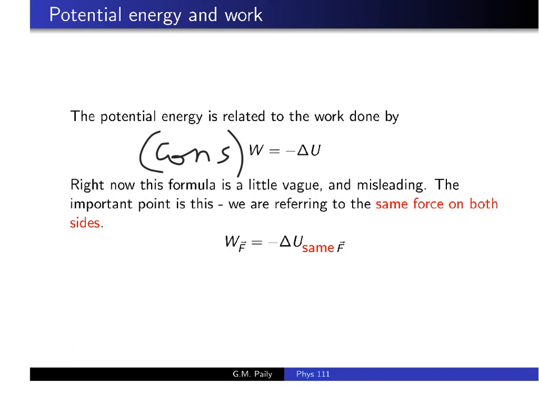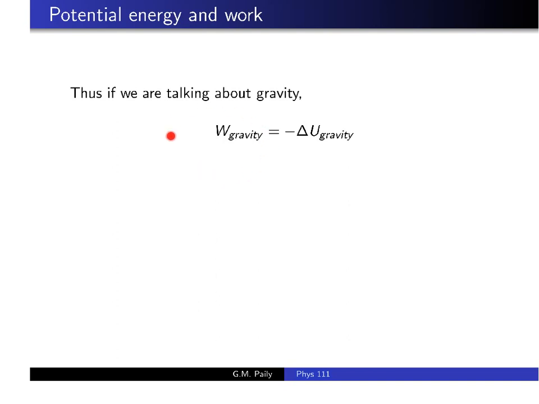Okay, so right now that's a little vague, so let's emphasize that. The work done by some conservative force F is negative delta U for the same force F. So in other words, if we're talking about gravity over here, it has to be gravity over here. Work done by gravity would be negative delta U of gravity.